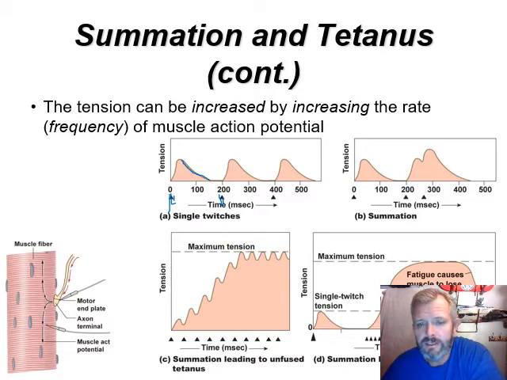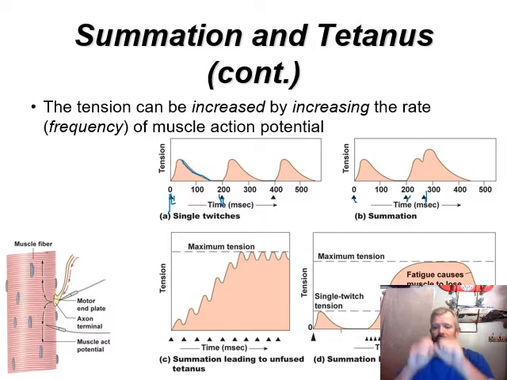Now, if I start to increase the frequency, you can see I go from here to a much quicker stimulation. What happens? Now I'm opening the channels. Every time I activate and give it a stimulus, I'm opening those calcium channels.